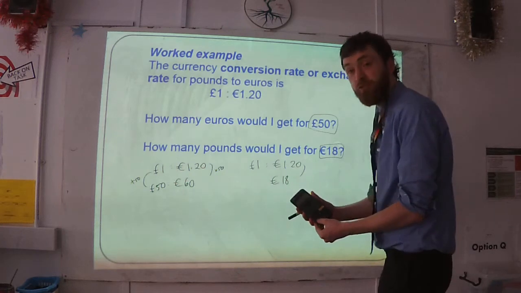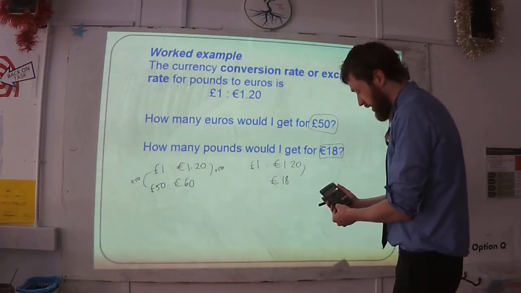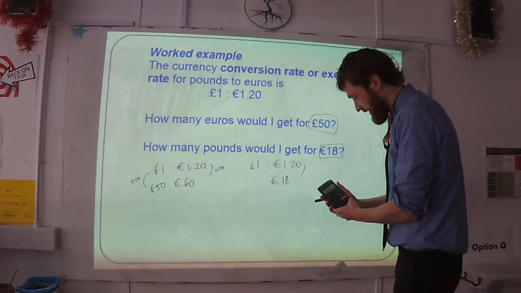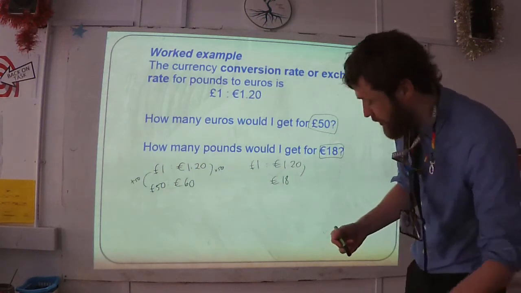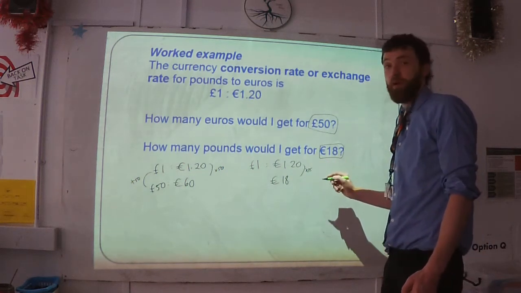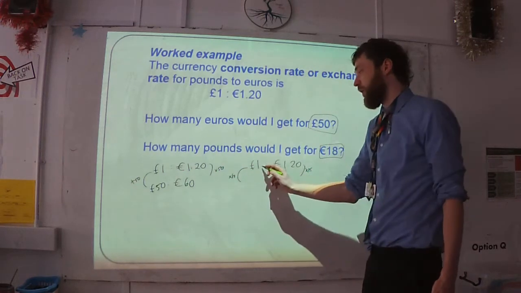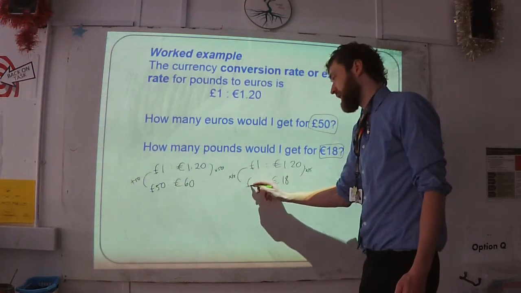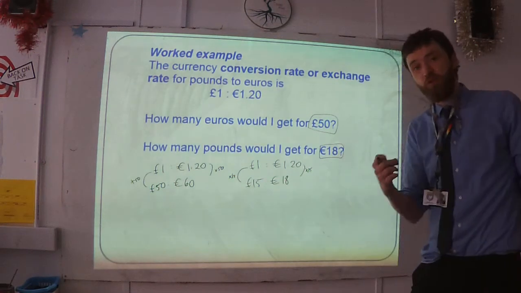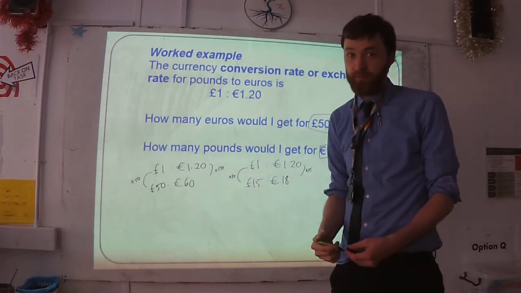So we go the opposite way, to divide, to find out how many times. 18 divided by 1.20 is 15. So to get from here to here, you multiply by 15, and we do the same here. £1 times 15 is £15. So €18 would be the same as £15 in England.